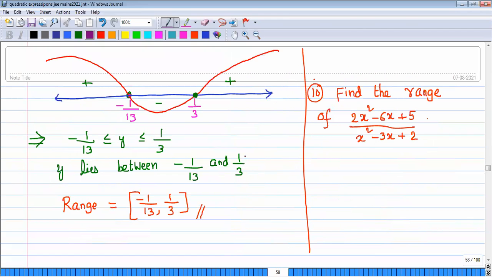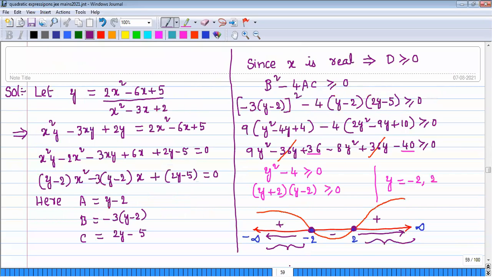This expression should be negative if and only if y lies between these two values. But in this case, you see, it is greater than 0, positive. It is positive only if y takes values from minus infinity to minus 2 or 2 to infinity. In between minus 2 and 2, the expression y square minus 4 becomes less than 0. So that's why I consider it like this.